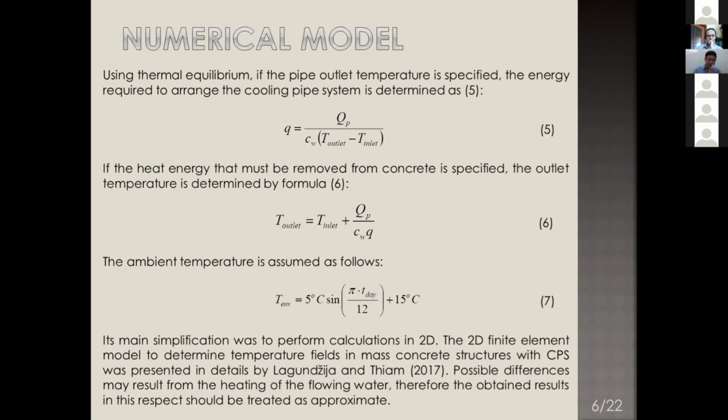The ambient temperature is assumed as follows. The main simplification was to perform the calculation in 2D. The 2D finite element model to determine temperature in mass concrete structures with CPS was presented in detail by Mariusz and Thiam. Possible differences may result from the heating of the flowing water.